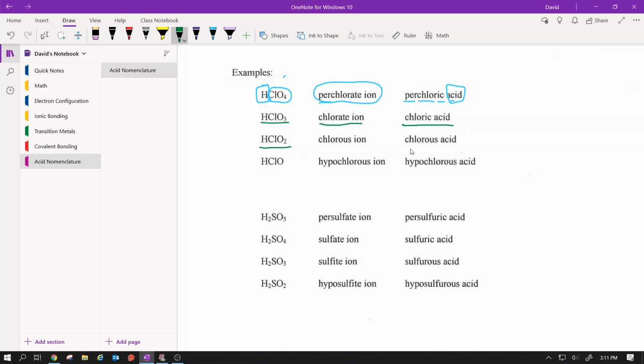HClO2 is chlorous acid. HClO is hypochlorous acid. HClO4 would be perchloric acid, and then just HCl would be hydrochloric because it's binary.